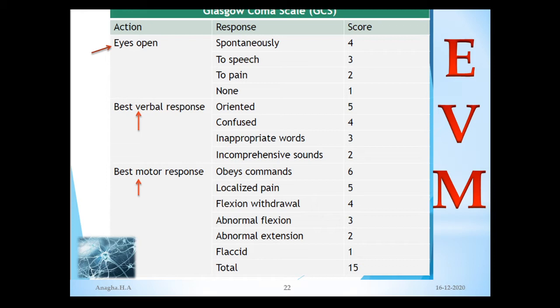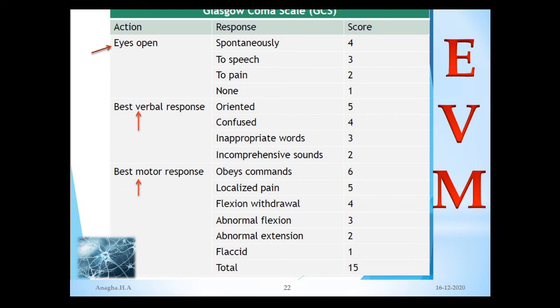Then the best verbal response, if the patient is oriented properly to time and everything, then the score would be 5. If the patient is confused, then 4. Inappropriate words 3, and incomprehensible sounds, that is 2. I think you know the difference between inappropriate words and incomprehensible sounds.